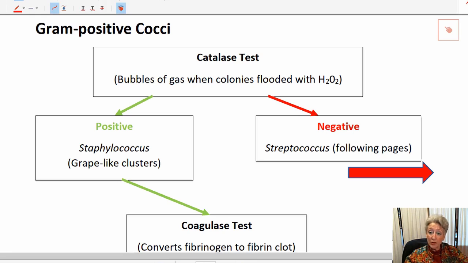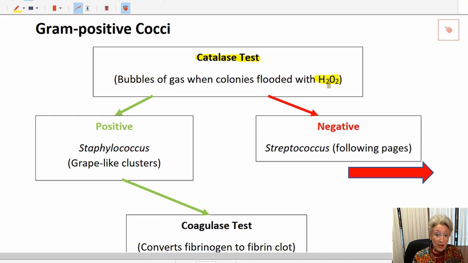As we look at the gram-positive cocci, remember that the first thing you want to be aware of is that the laboratory results will come back specifying whether the creature is catalase positive or negative. The catalase test is done by taking colonies and simply flooding them with hydrogen peroxide.